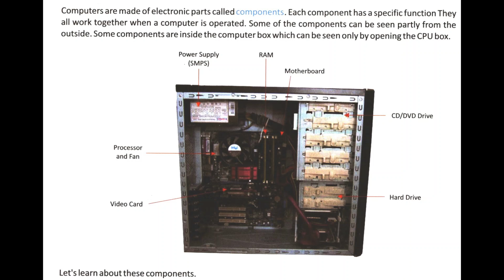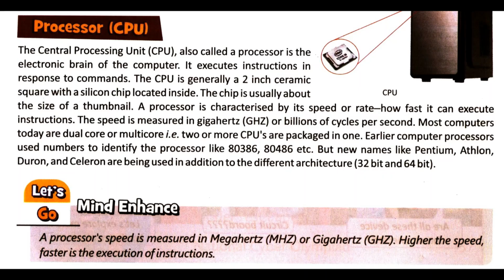All the components work together when we are using the computer and help the computer to operate in an efficient manner. Now we are moving to the next topic, processor or CPU.